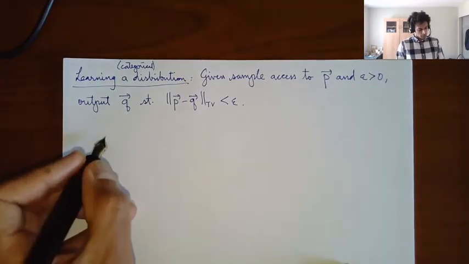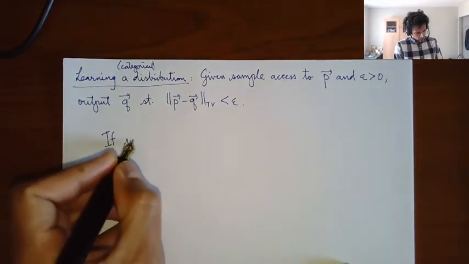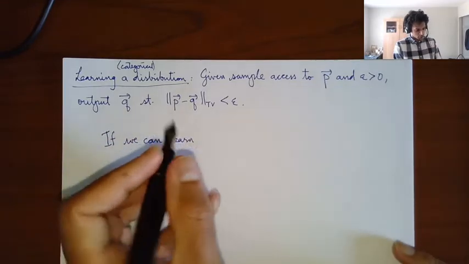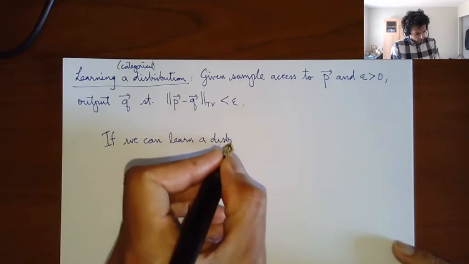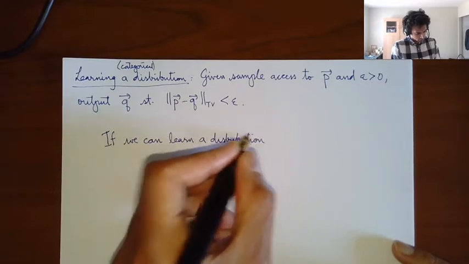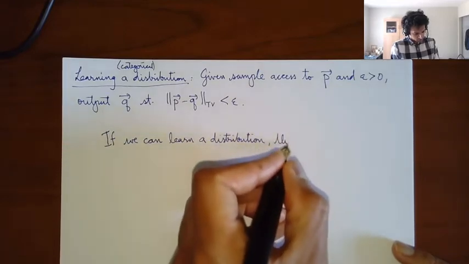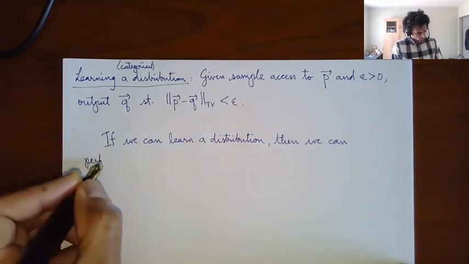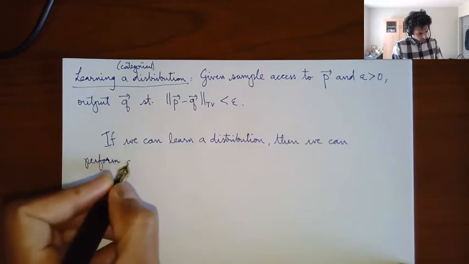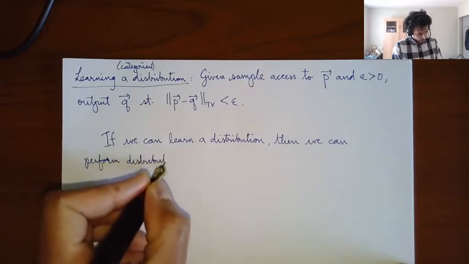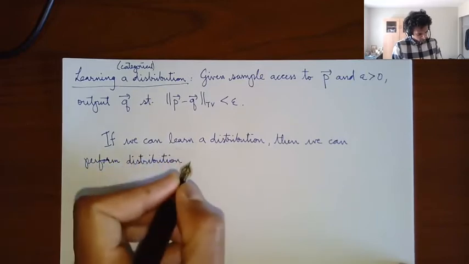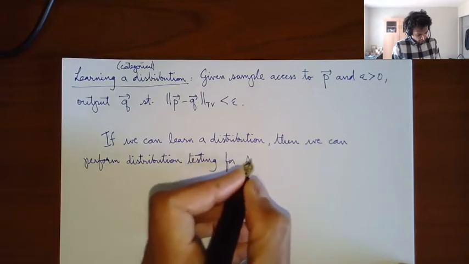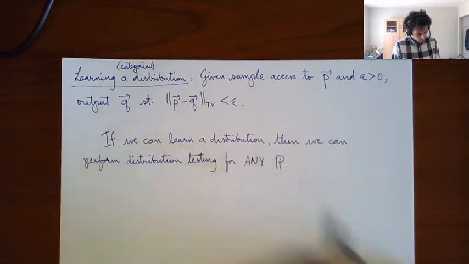Now note that if we can learn a distribution, then we can perform distribution testing for any property.